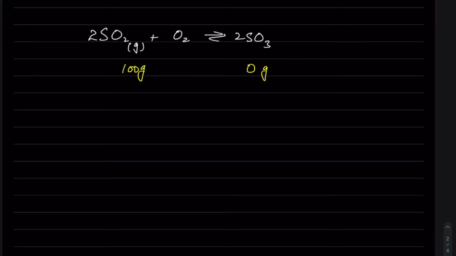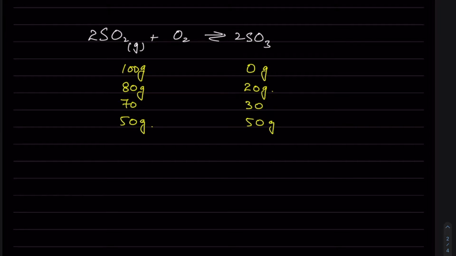After a while, there is 20 grams of product. Then the amount of reactant will be 80 gram, because 20 grams of reactant have reacted and 80 gram of reactant is left. If it is 30 gram, then it's going to be 70 gram. If 50 gram of product forms, then the amount of reactant will be 50 gram.